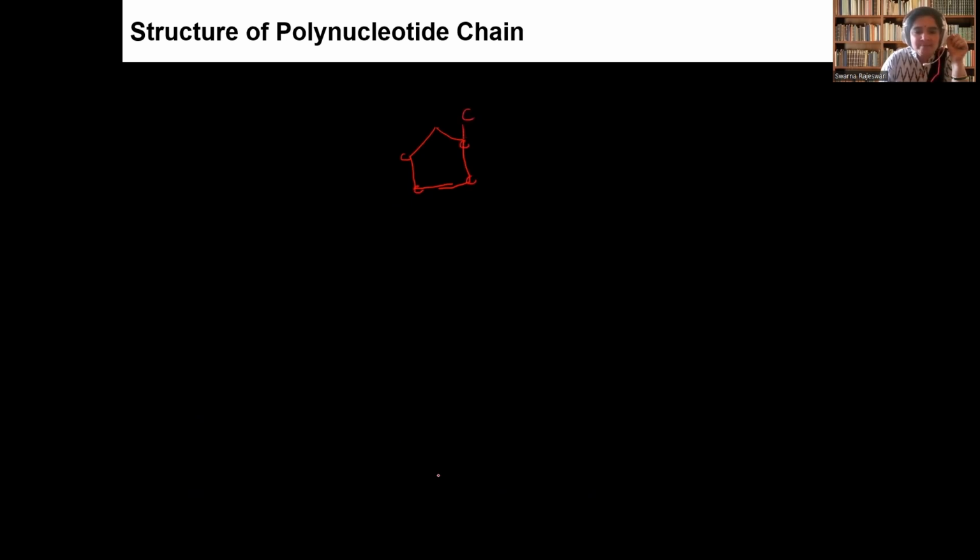To the fifth carbon, a phosphate group is attached, H3PO4. For each carbon, we know OH, OH, OH. This is O. So this is the fifth carbon.